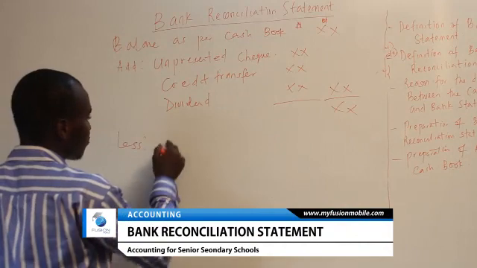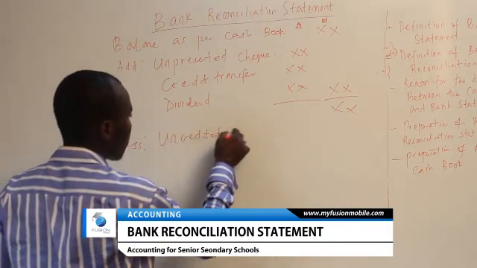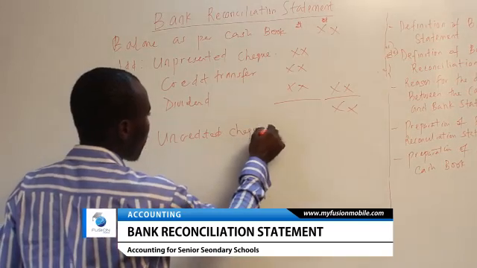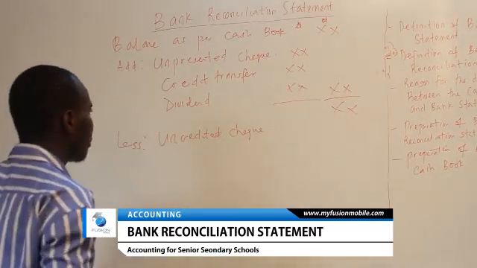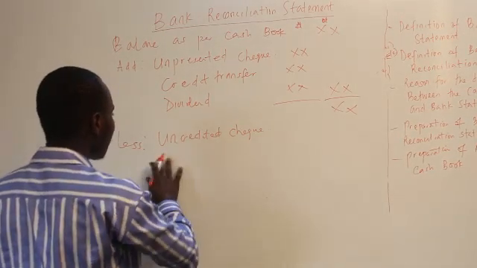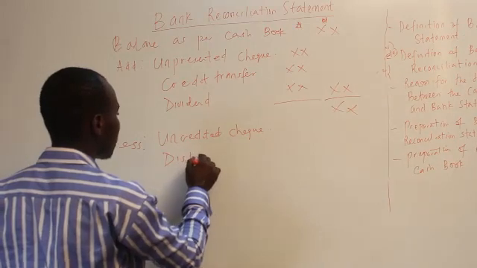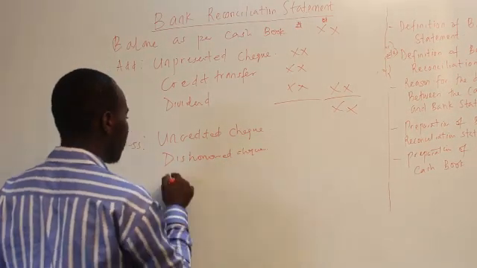So we're going to less uncredited check. We're going to less dishonored check. We're going to less bank charges.